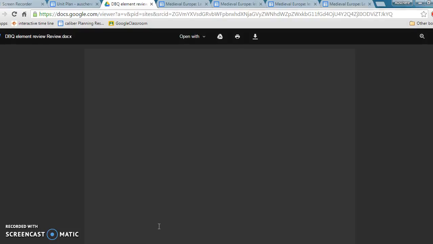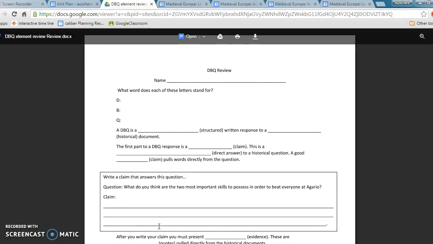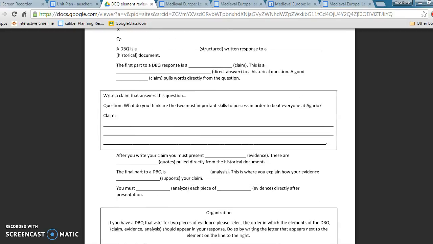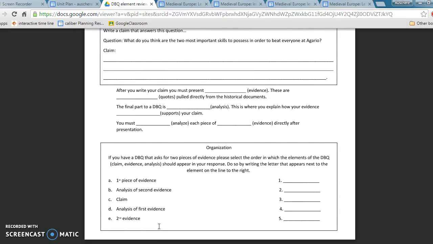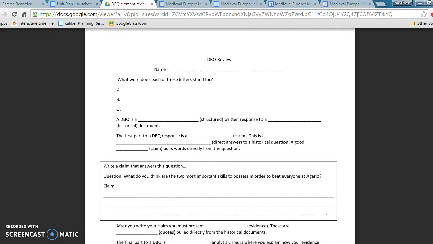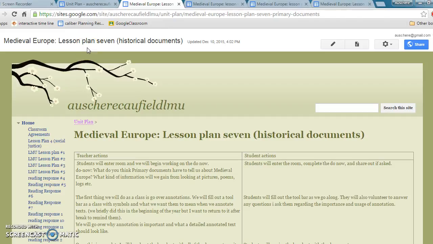Just a refresher to have them really understand what we're talking about, because I'm sure many of them will have forgotten. And then they will also look at the last document-based question they wrote, as well as some of the revisions they were working on right before break. And I'm going to ask them to form a goal around this next coming document-based question. So what are they going to do better?